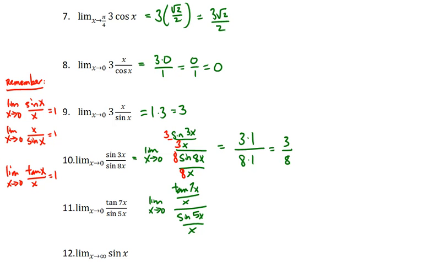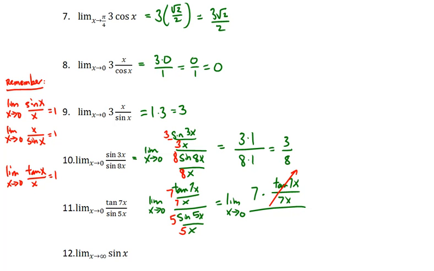But in order for our special limits to work, we have to have tan 7x over 7x. So I'll need to multiply numerator and denominator by 7 in the numerator, and numerator and denominator by 5 in the denominator. And when I do that and rearrange the numerator, I get 7 times tan of 7x over 7x, which I know to just be 1.